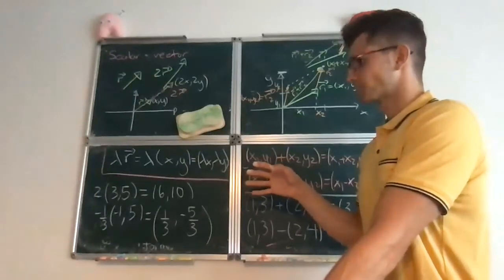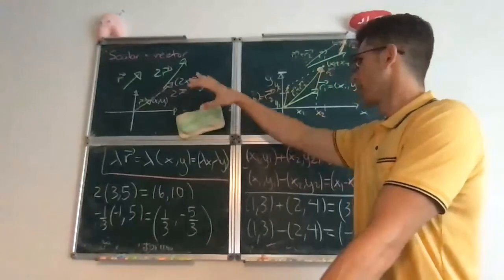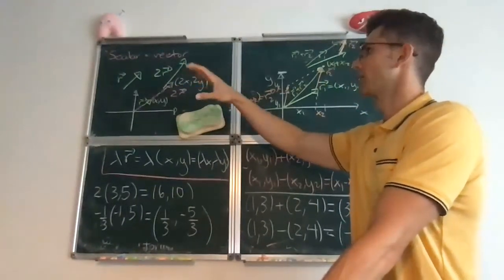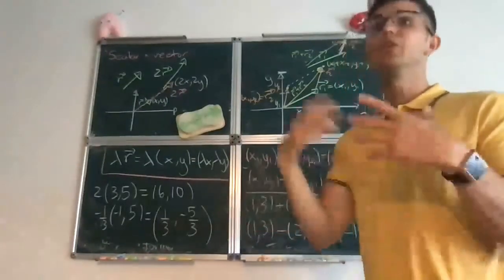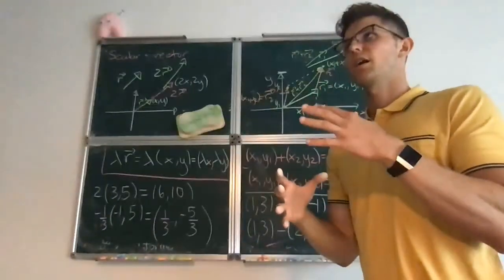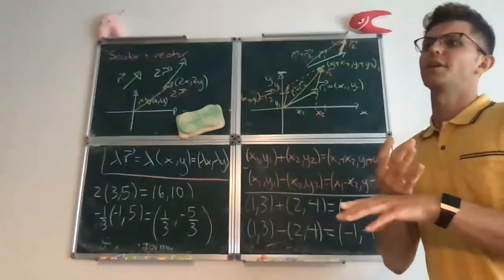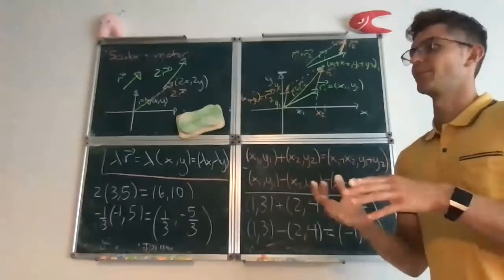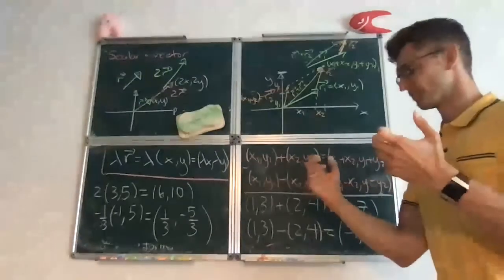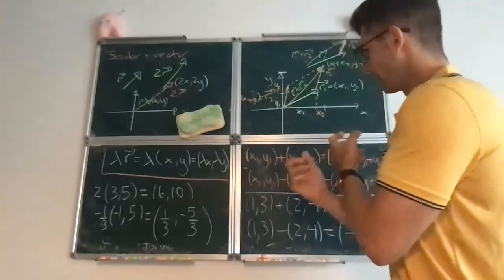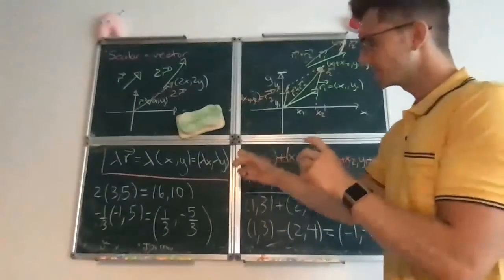So there's not a lot to say about doing a scalar times a vector or a vector plus a vector. What's more interesting is new operations with vectors whose analog with numbers is not as interesting. What will make this more interesting is that these operations will involve both the x and y components simultaneously.